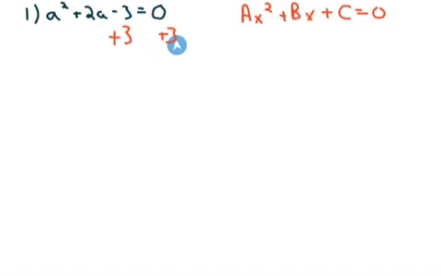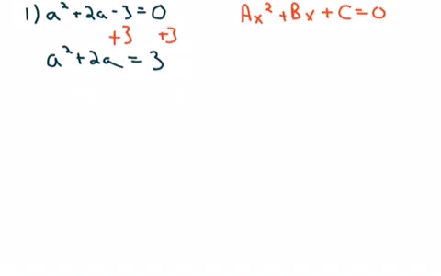And we end up getting a squared plus 2a. We know negative 3 plus 3 is just 0, so that goes away. It's equal to 0 plus 3, which is just positive 3. Let's just leave the positive out: 3. Now we have all of our variable terms on one side and our constants on the other.